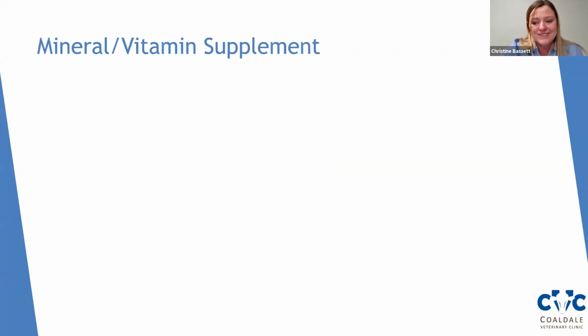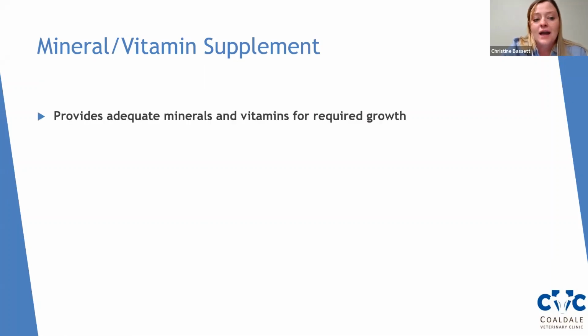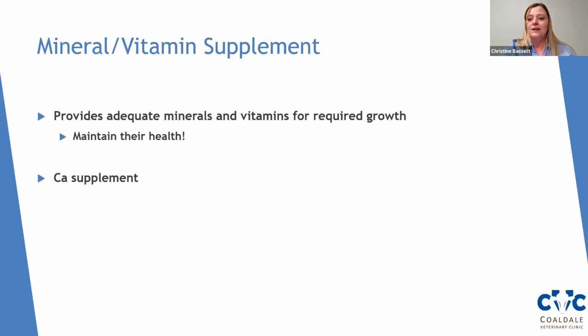The last component of your ration, or what you're going to feed to these backgrounding animals, is generally going to be a mineral vitamin supplement. And these are just going to provide adequate minerals and vitamins for that required growth that you set at the start of the backgrounding period. And really, we want to, one, aim on maintaining their health, as well as providing enough adequate nutrients for their growth.